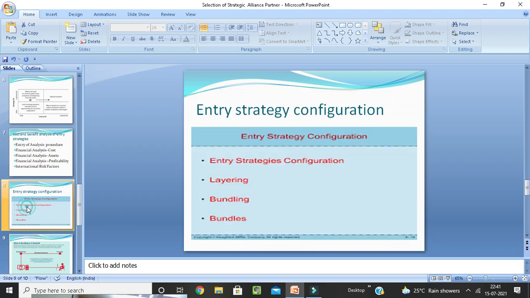Now we will go to the next topic. What do we mean by entry strategy configuration? How does it work? The entry strategy configurations are the combination of different formats of entry strategies. Most companies rarely employ one single entry mode per country.